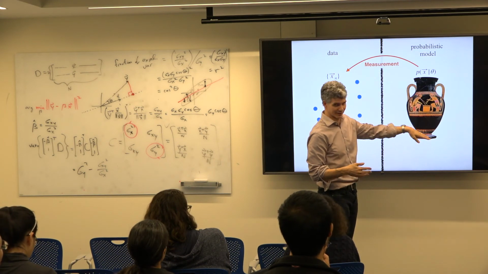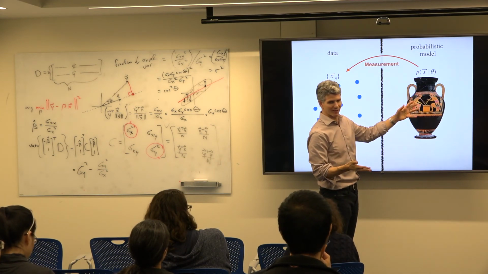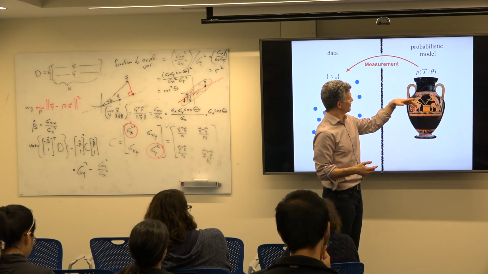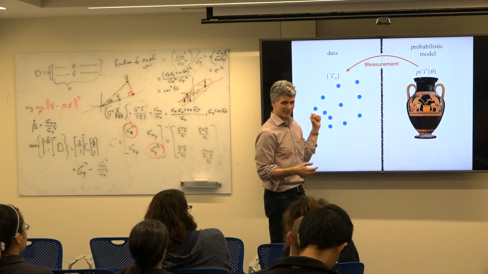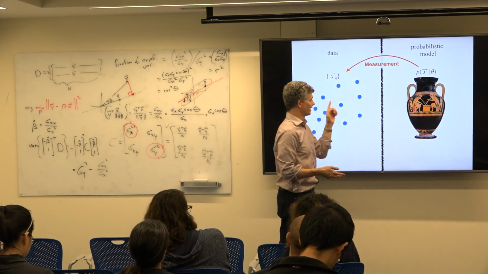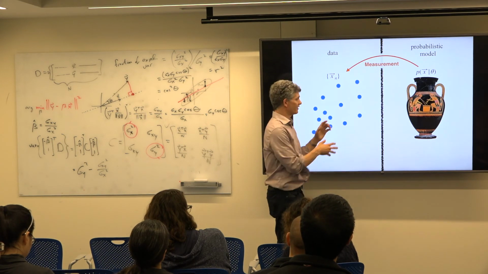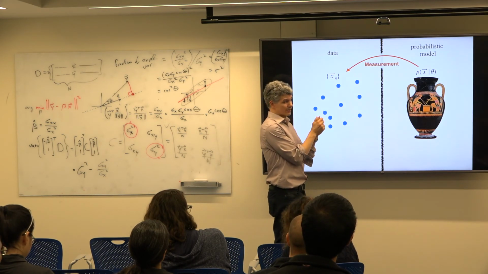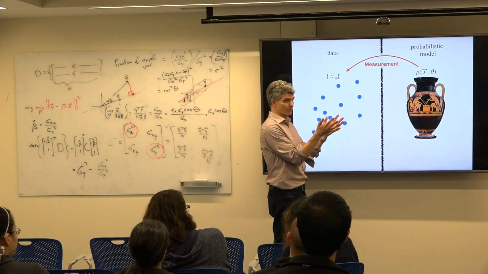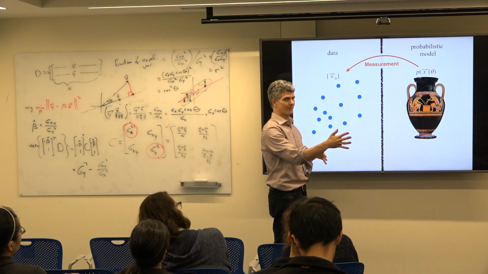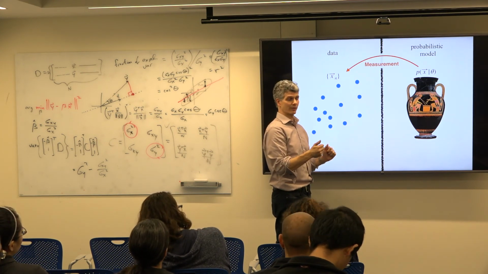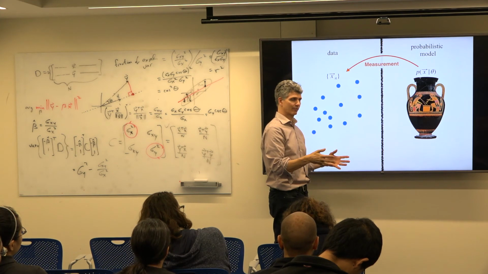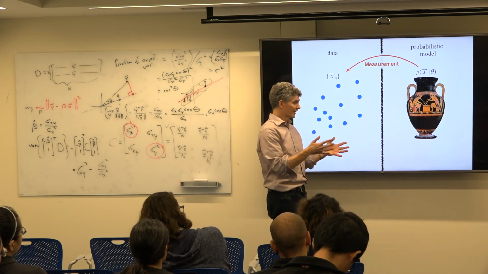This is a Greek urn. If you're going to show an urn, it might as well be a Greek urn. And the data are actually drawn as measurements out of that urn. And the measurements that I made depended on some state of the world. There's something that describes the thing I'm measuring from, so it's like I'm measuring the temperature of some liquid.